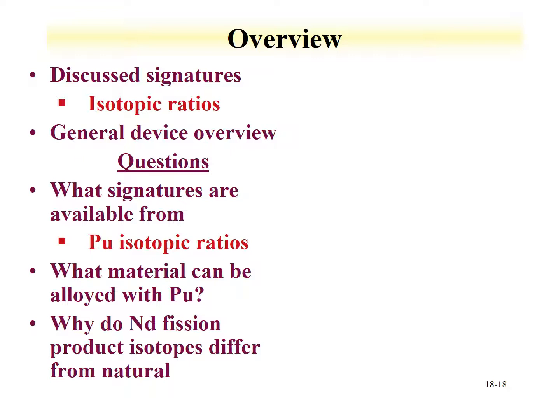And why do neodymium fission product isotopics differ from the natural? This is primarily driven by neodymium-142. Neodymium-142 is 27.2% of natural neodymium, but it is not produced in fission; it doesn't have a fission yield. So the fission product neodymium would not show this isotope, and you would be able to determine by looking at isotopic ratios of neodymium whether its origin was from a reactor or from nature.